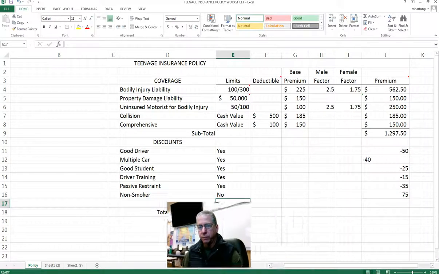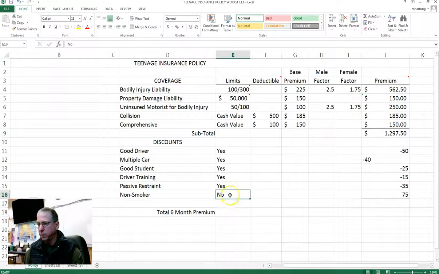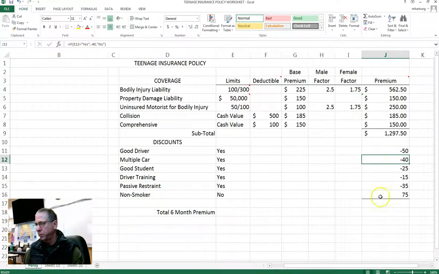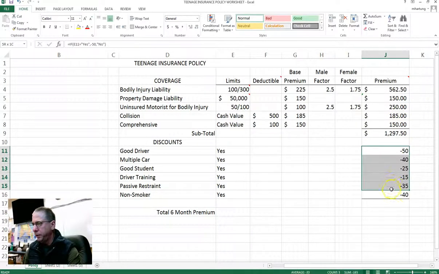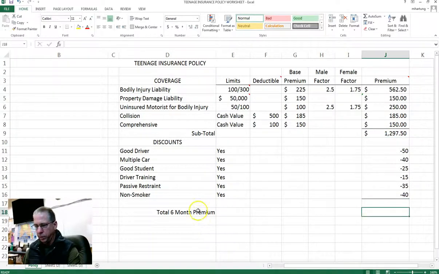Now let's take a look over here at our total, how we're going to get that taken care of. Oh, by the way, this one here didn't line up over on the right side. Let's put that over there. Okay, so next we need to add this to this to get our total 6-month premium. So here we go.